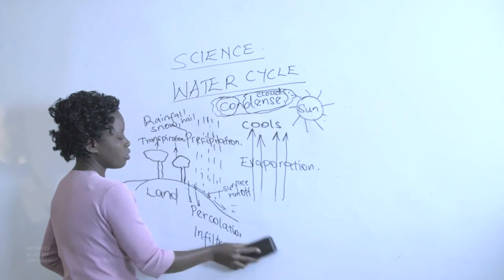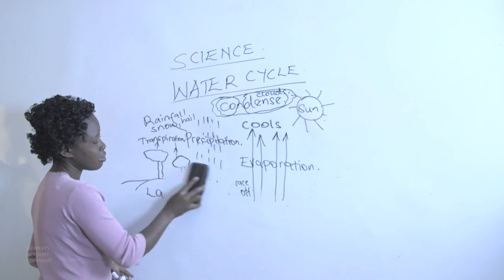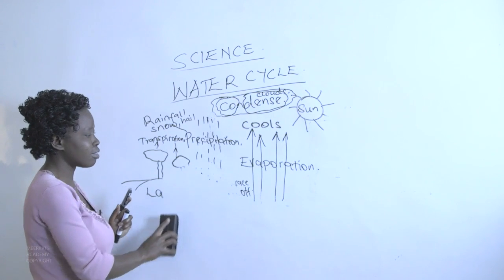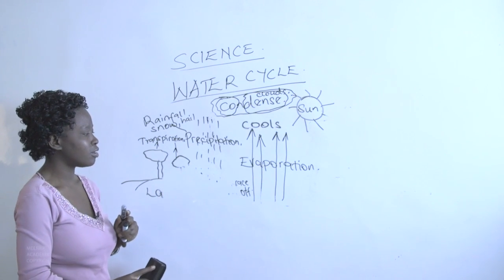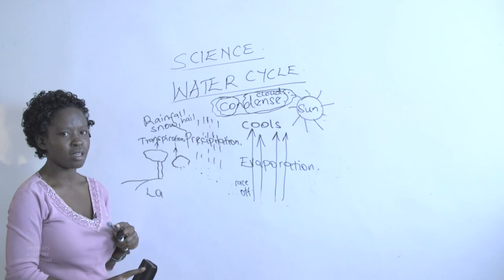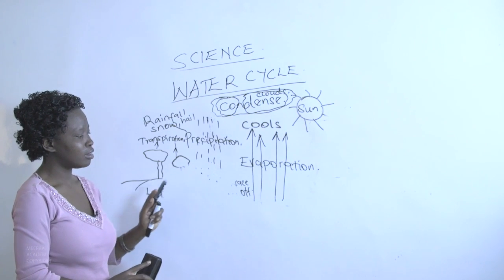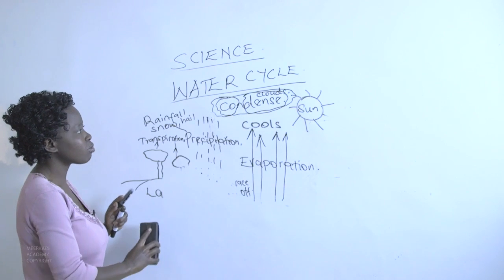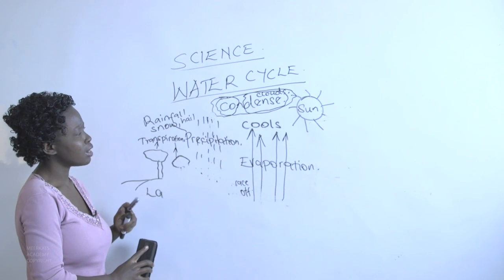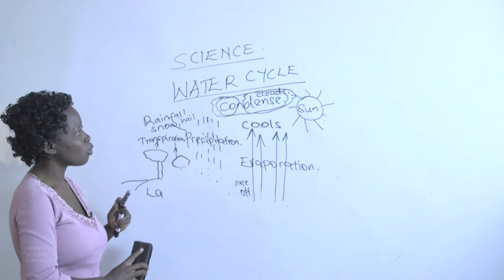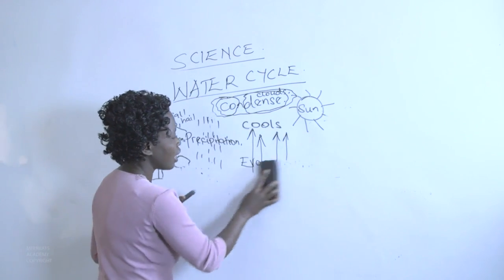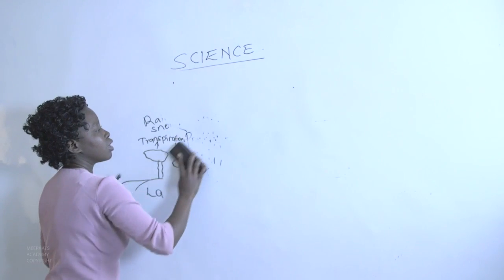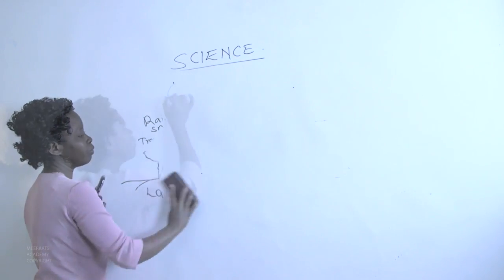But through the process of the water cycle, we've discovered that the precipitation that falls on the Earth's surface has two processes that it undergoes. It either percolates into the rock, or it runs on the surface as surface runoff. So this brings us to another process that water is undergoing, and this is the groundwater.